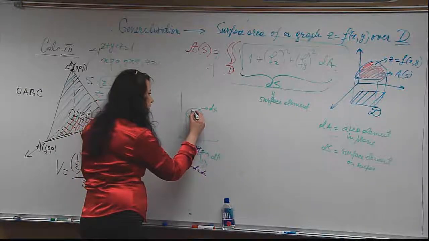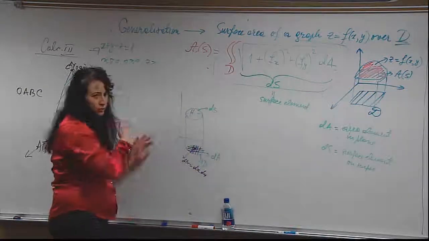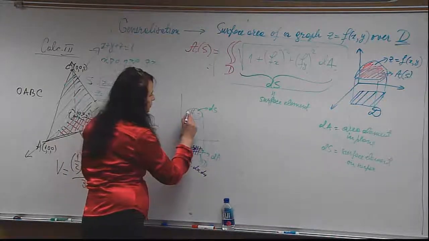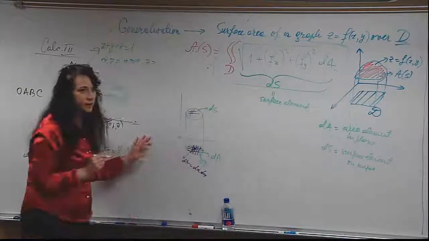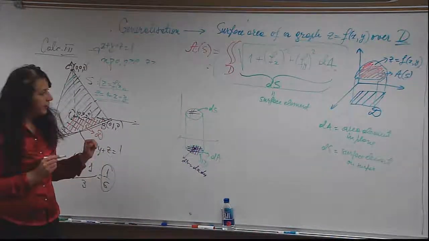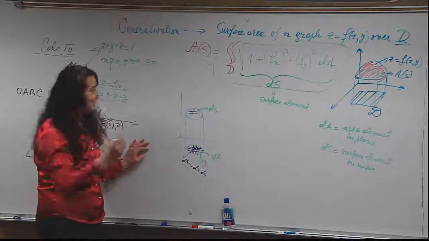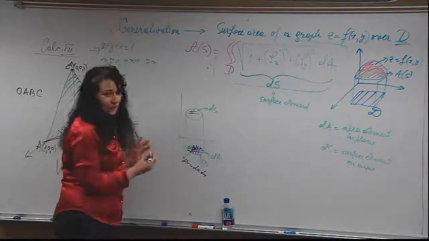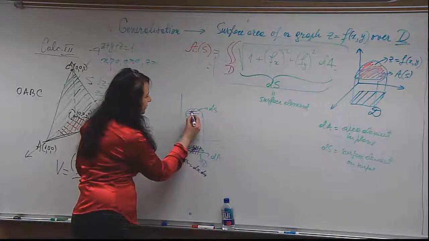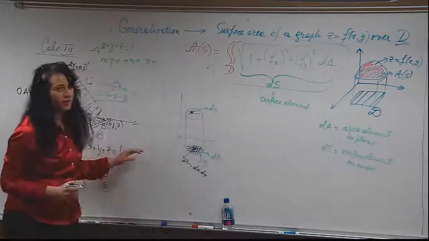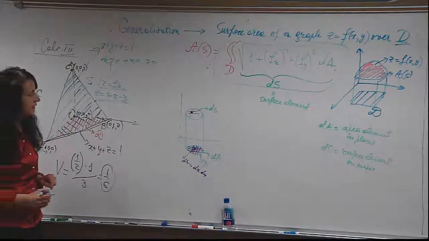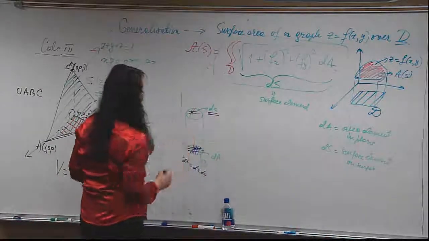It's still going to be given by two lines, and two lines form a curvilinear domain. Do you see how small it is? I bet the video cannot see it, but you can see it. So this tiny infinitesimally small element on the surface is dS.